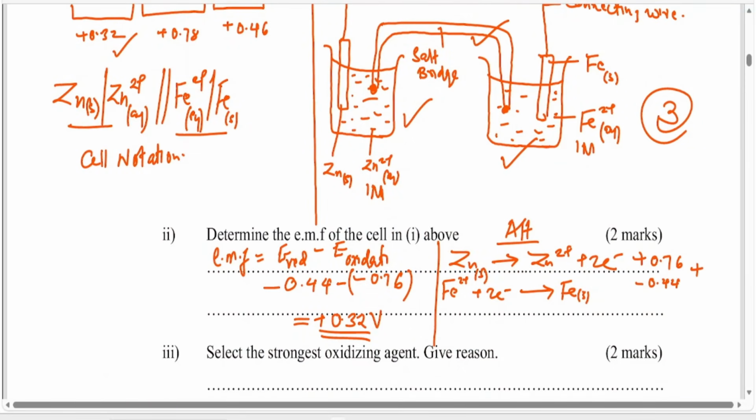And then I add everything in this particular equation, and the electrons cancel out, and I'm going to have zinc solid plus iron 2 ions aqueous, I obtain zinc 2 ions aqueous plus iron solid. And then when I add positive 0.76 plus negative 0.44, I still obtain positive 0.32 volts.